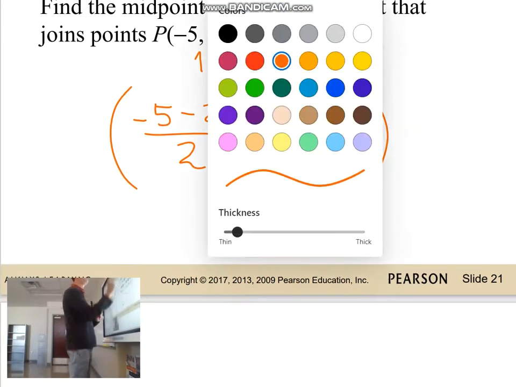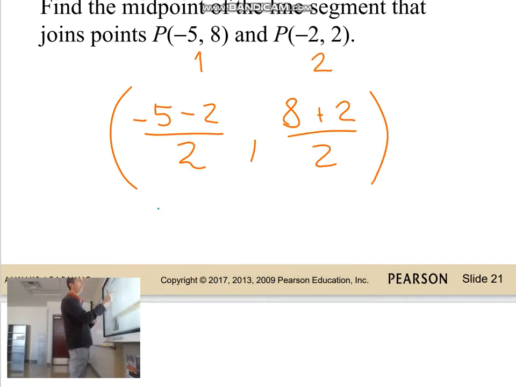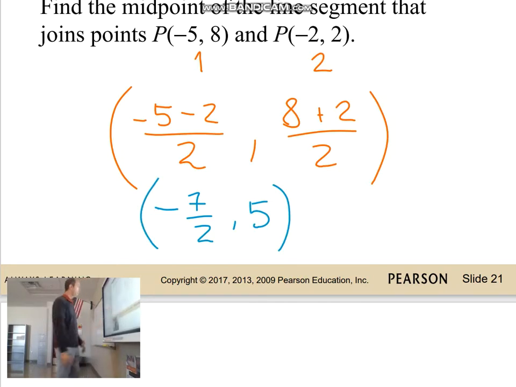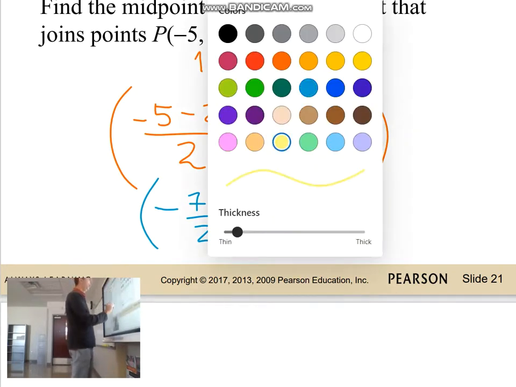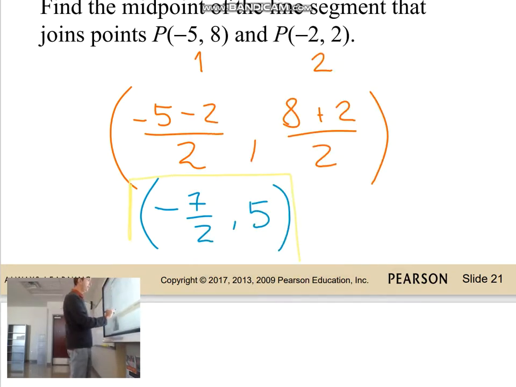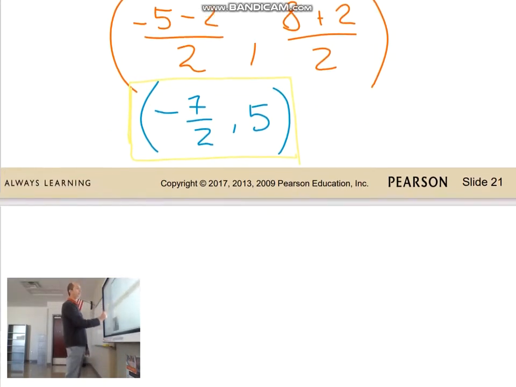The result is going to be -5 minus 2, -7 over 2, and 8 plus 2, 10 over 2, 6. Those are the coordinates of the midpoint, right? And this is the end of section 7.3.